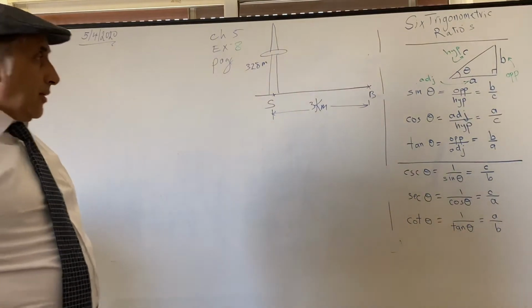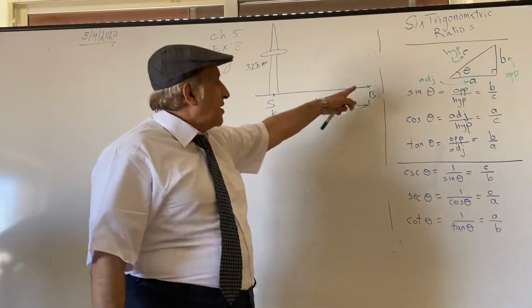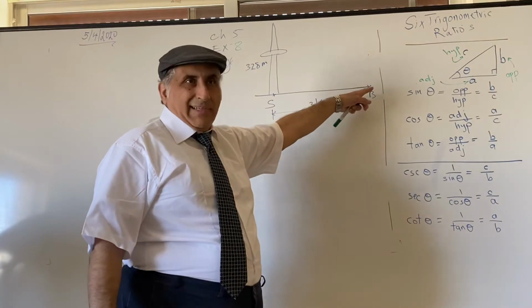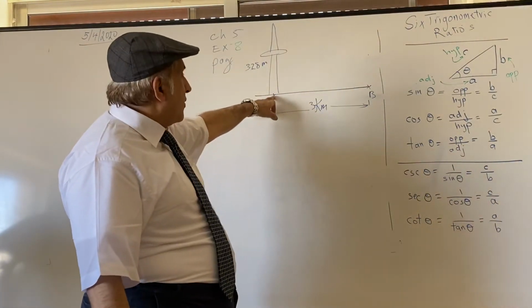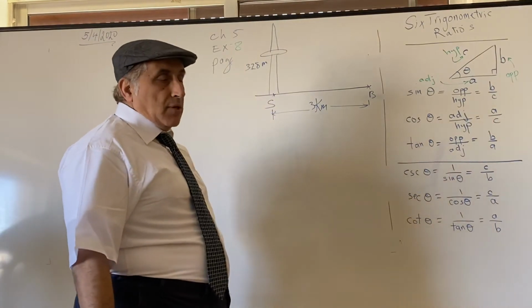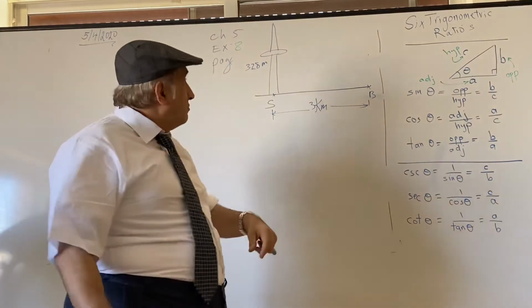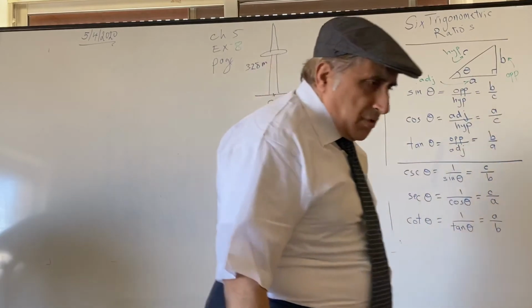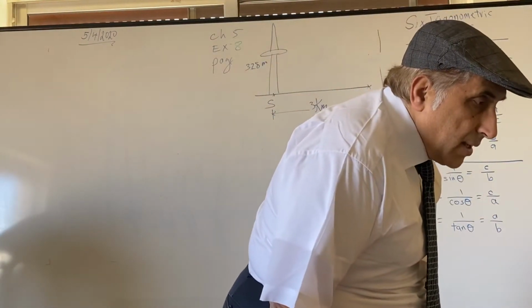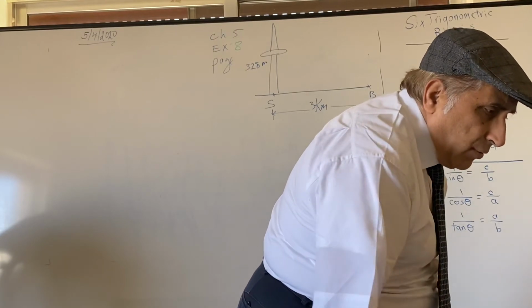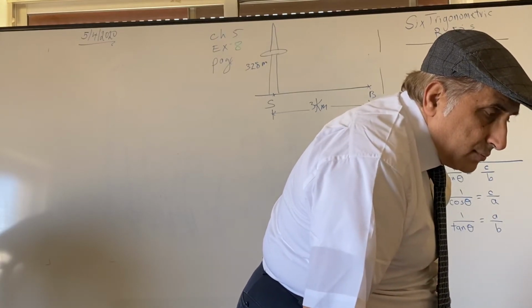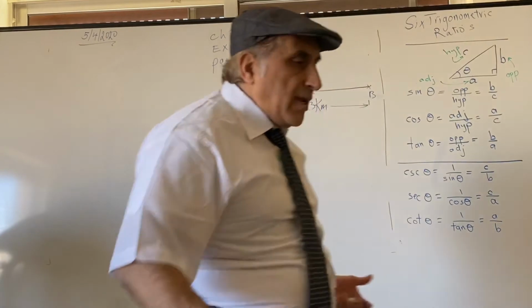Okay, let's consider a man standing here. His name is Bond, James Bond, and he's how far away from the foot of the tower? 3 kilometers. Probably he's having a camera, I don't know. And what does the question say? The height of this tower is 328 meters, and the first thing he's looking for is the height of the tower.